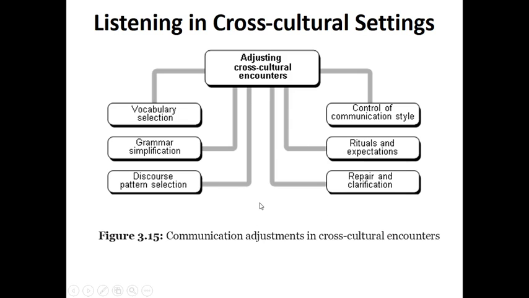Those are important in cross-cultural settings. So discuss two factors from here that are involved in cross-cultural settings. What are the adjustments they need? For example, discuss vocabulary selection and control of communication style.